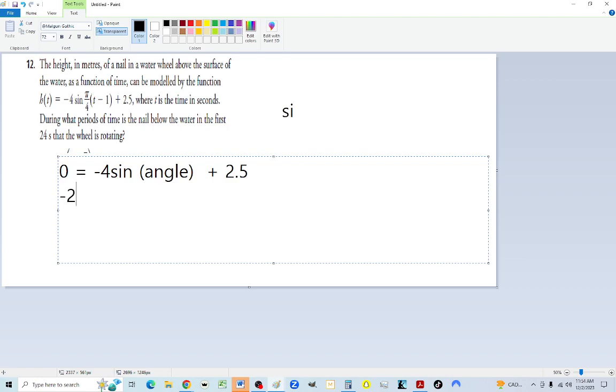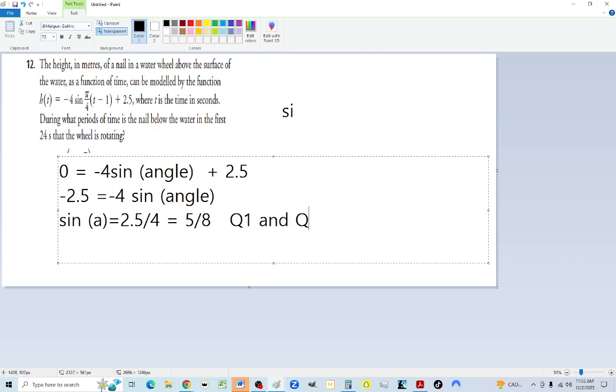Subtract 2.5 from both sides. Divide by minus 4. Five over 8. Now, that's positive. So we're talking about quadrant 1 and quadrant 2, which makes sense because that's where we drew our wheel.